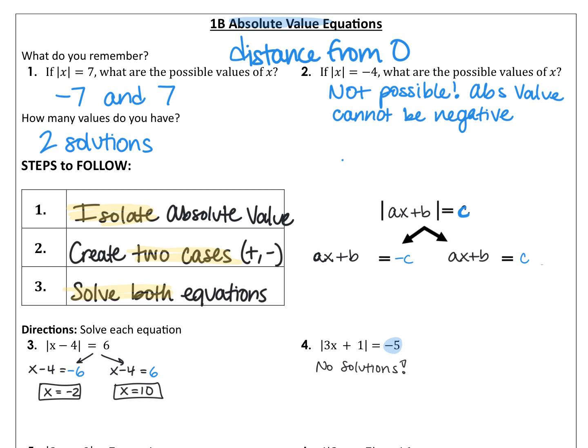Because you cannot have absolute value equal to a negative, because that would be saying you have a negative distance, and we all know in real life that's not possible. So no solutions.